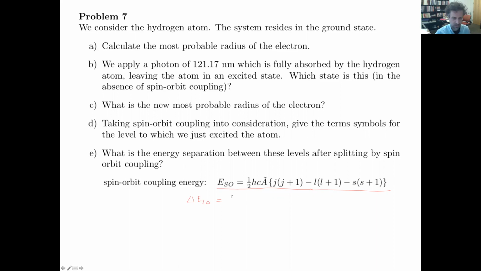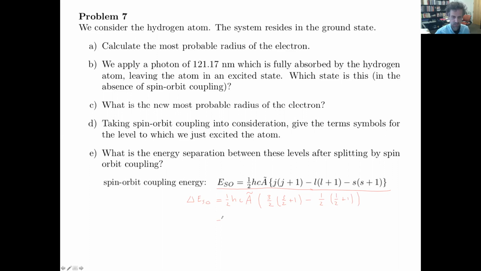So if I do that, then I get the following answer, h times c times this A tilde. Okay, and then I subtract from that. So let's just write out this whole thing. Why not? So this is 3/2 times (3/2 plus 1), and then subtract from it the value from the second state, which is J equals half.